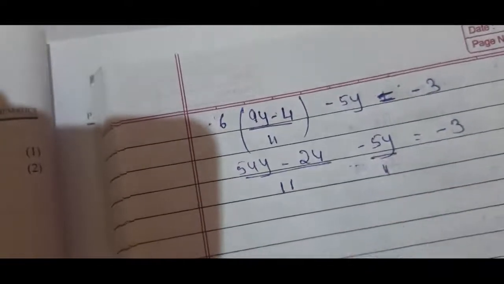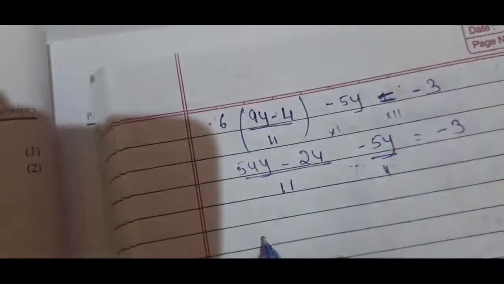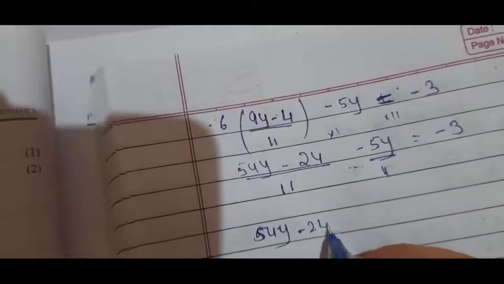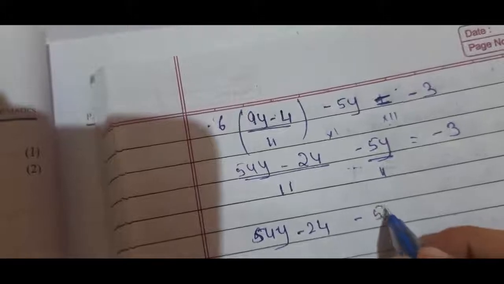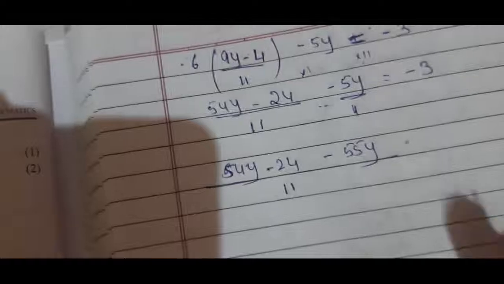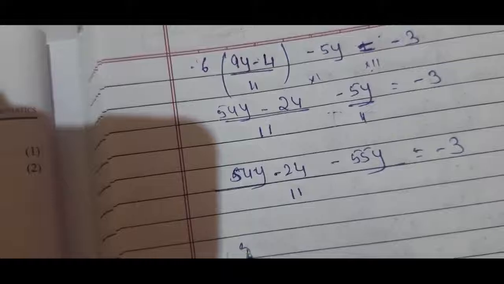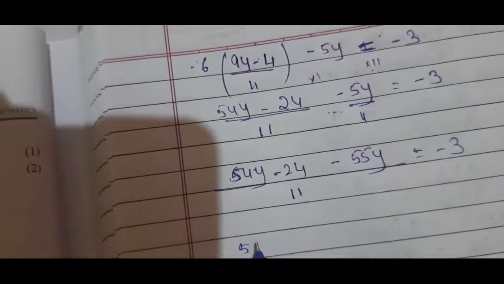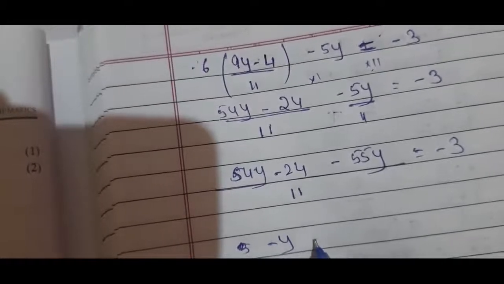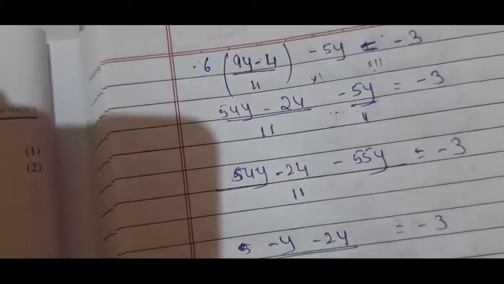LCM of 11 and 1 is 11, so multiply by 11. 54y minus 24 minus 55y, whole divided by 11, equals minus 3. 54y minus 55y, what is the answer? Minus y minus 24 divided by 11 equals minus 3.